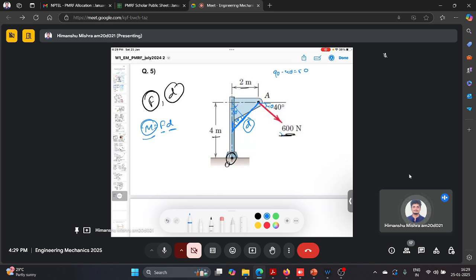So this is 50, this will become 40, this is 90, and this will be 50.